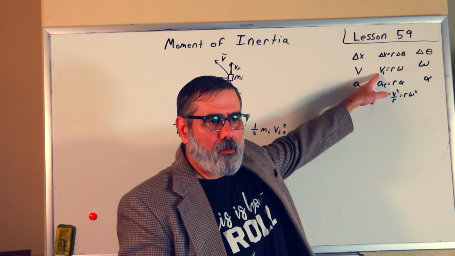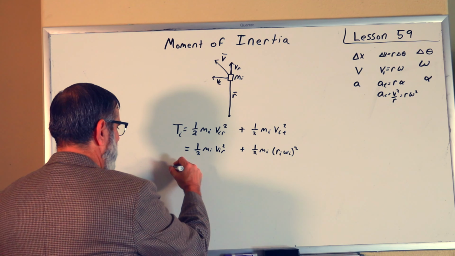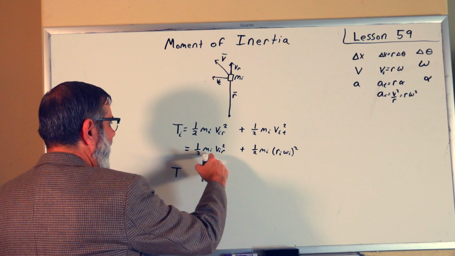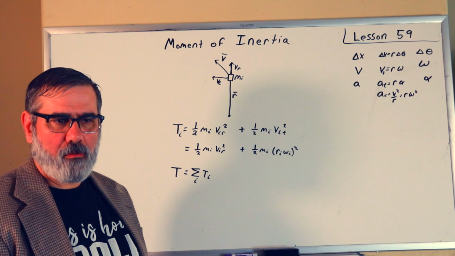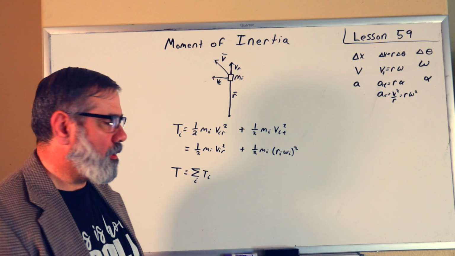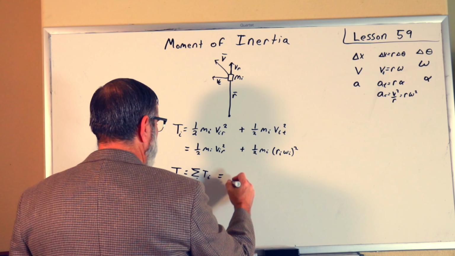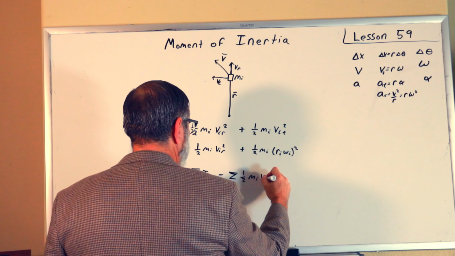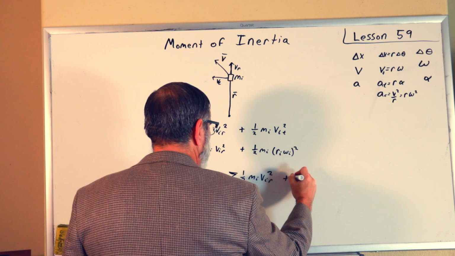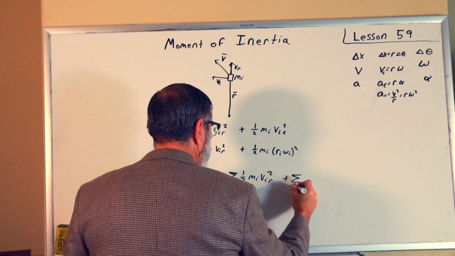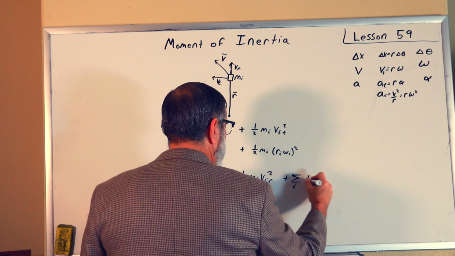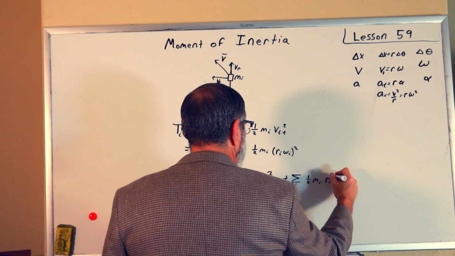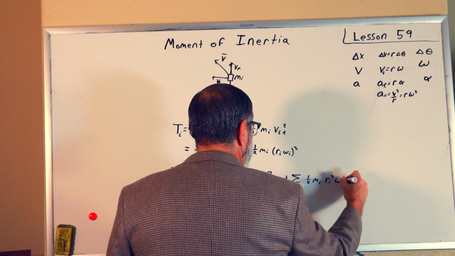If we want to get the total kinetic energy for the entire system of particles, then all we have to do is add up all these little kinetic energy components of all these little masses. So we add up all the particles. And if we do that, we'll get the sum over i of 1/2 m sub i v sub i,r squared plus the sum over i of 1/2 m sub i r sub i squared omega sub i squared.